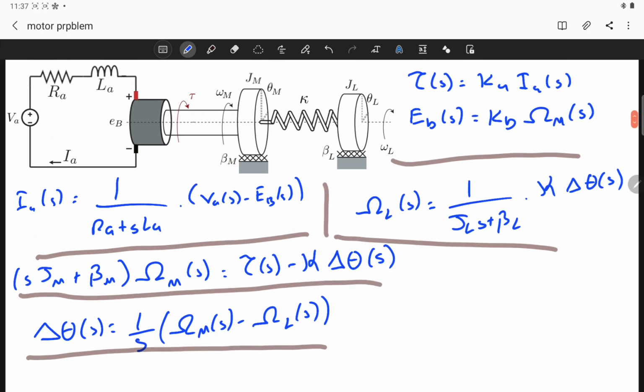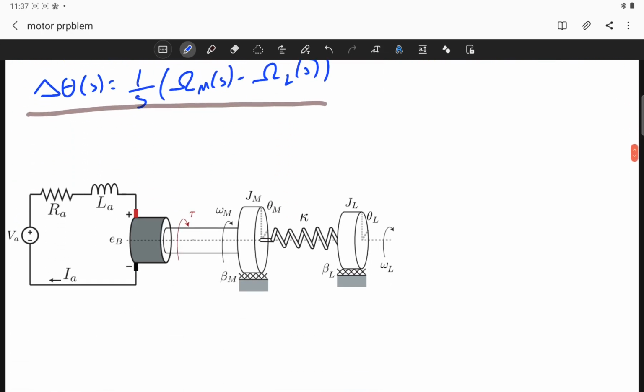I will not store or use the angular displacements theta_M and theta_L independently; I will only store their difference. Because we are using a torsional spring, it is a valid thing to do.